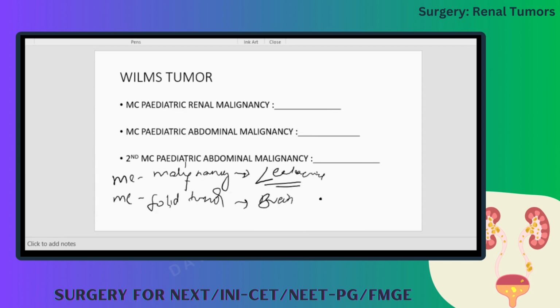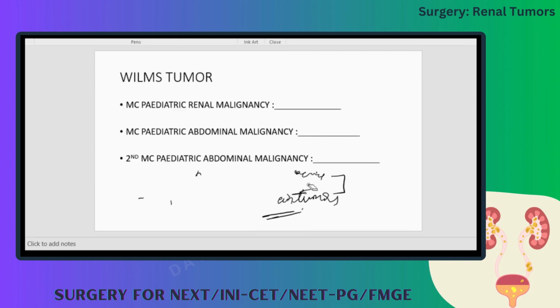Brain tumors are most common solid tumors in childhood. So most common malignancy is leukemia, most common solid tumor is brain tumors. Make these points clear. These questions have been repeated from the time I have been writing, almost 10-15 years. Every time they'll ask the same question.